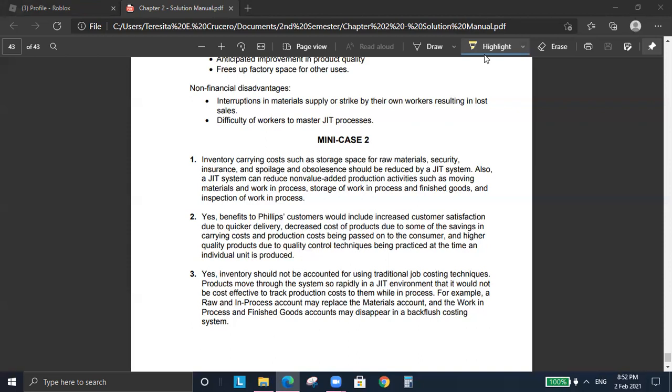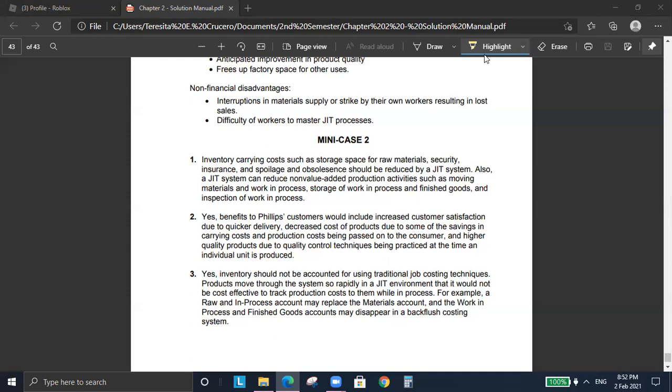Then number three: will Boto, who is the controller, have to make any changes in the way that inventory is accounted for? Yes, inventory should not be accounted for using the traditional job costing techniques. Products move through the system so rapidly in a JIT environment that it would not be cost effective to track production costs to them while in process.